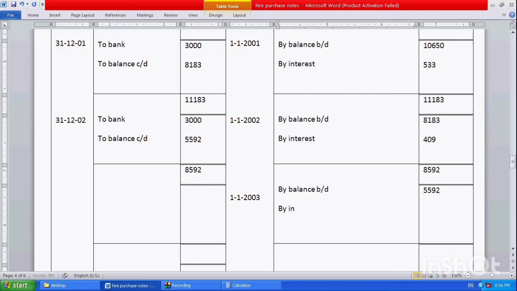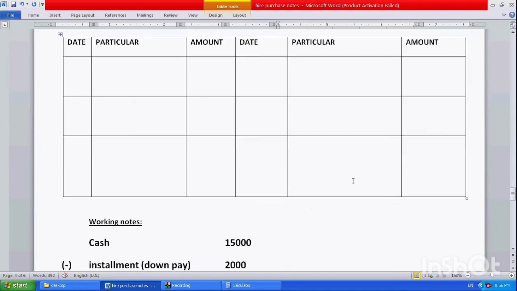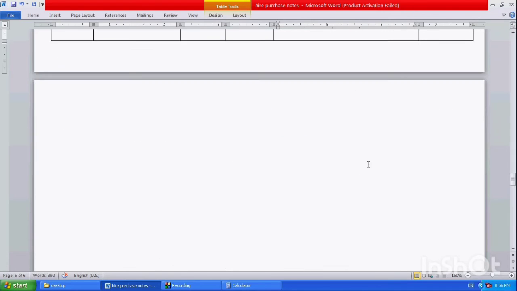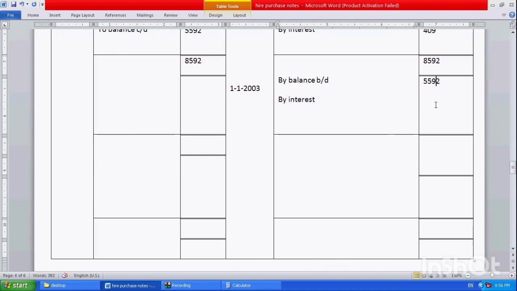By interest, we have to calculate. Look, there is the last interest. How much? Okay, here by interest 280 is the final interest.